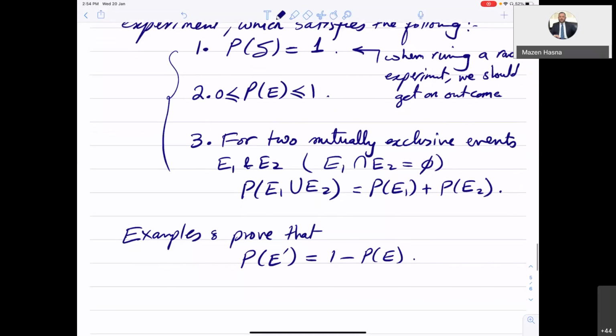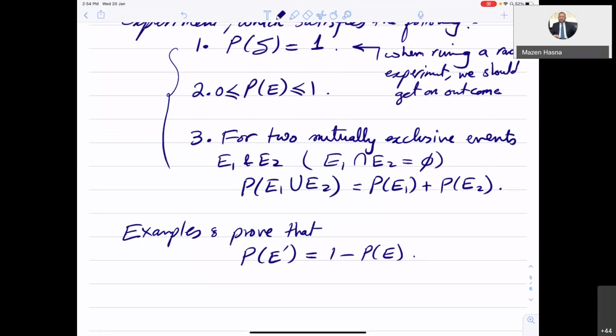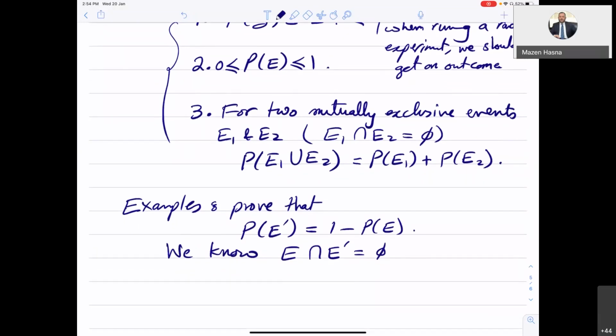Let's start with axiom number 3. Now we know that by definition, E intersect E bar is phi, the empty set. The event and its complement do not have anything in common.